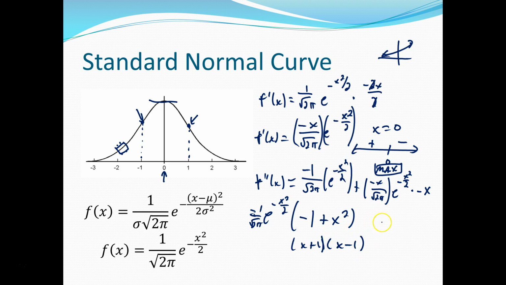And that shows that we have zeros here at x equals negative 1 and x equals 1. And we can even see that it's going to change sign at those points because we have two single roots here. So if we go something less than negative 1, we're going to have something here that's positive altogether. Something in between negative 1 and 1 is going to be negative. And then if we have something after 1, it's going to be all positive. So we have concave up, concave down, concave up, and those inflection points at negative 1 and 1.